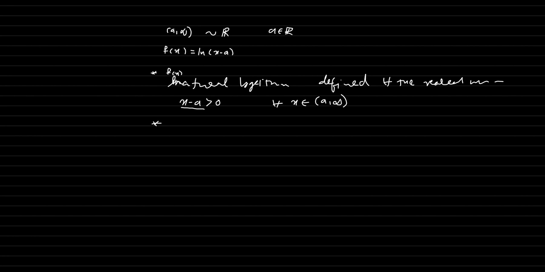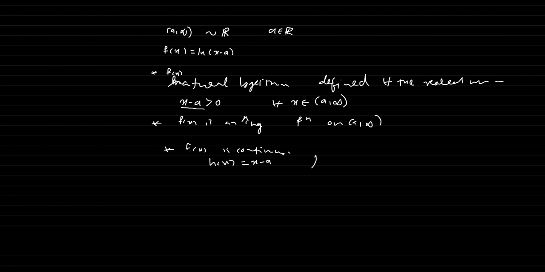Now, we know that the natural logarithm is an increasing function and x minus a is also an increasing function. Therefore, f of x is an increasing function on the open interval (a, infinity). And f of x is continuous. Why is f of x continuous? We know that h of x equal to x minus a is continuous for all points in (a, infinity).